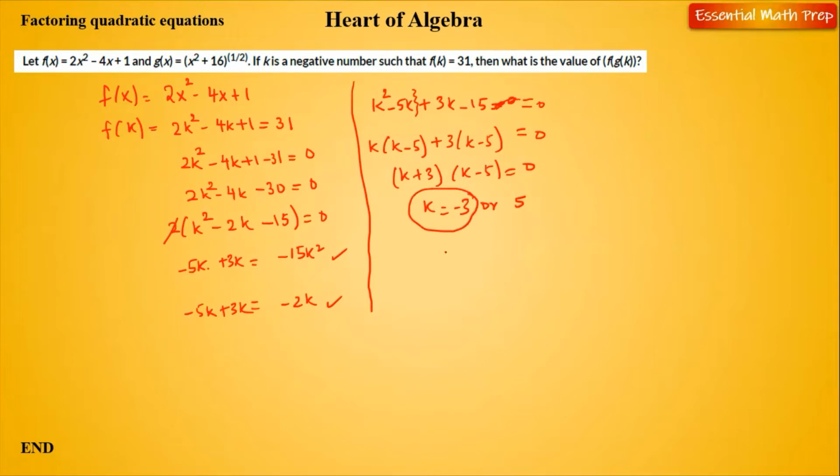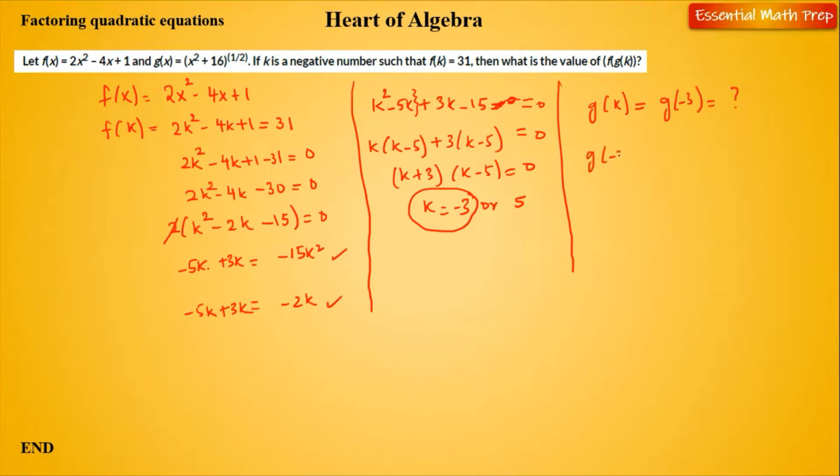Now we have to figure out f of g of k. We need to figure out g of k because it's the first term within the bracket. So g of k, where k is now negative 3. So g of negative 3 equals what?